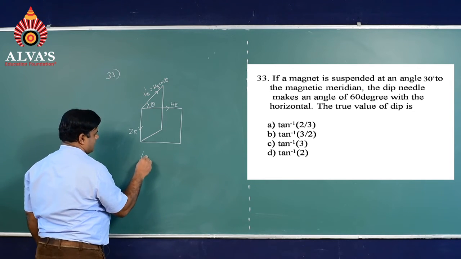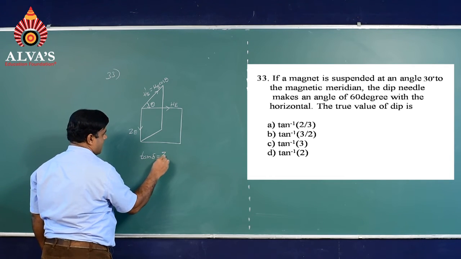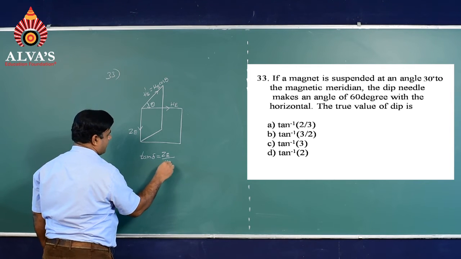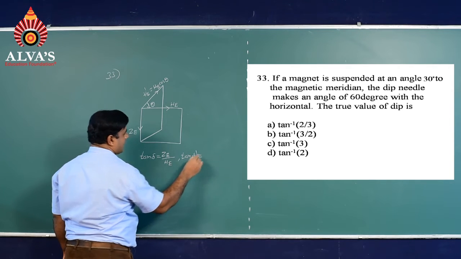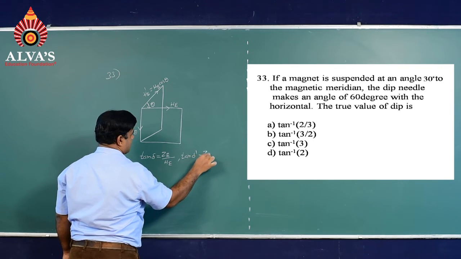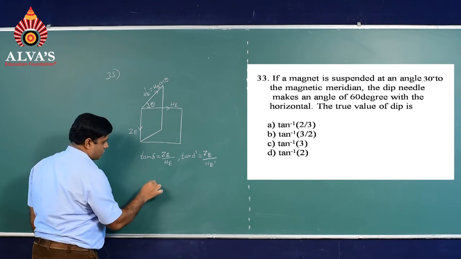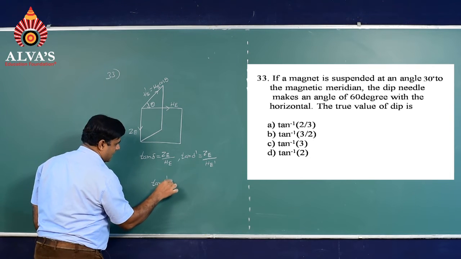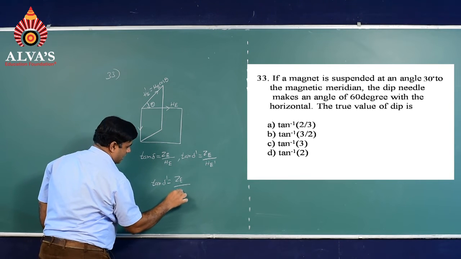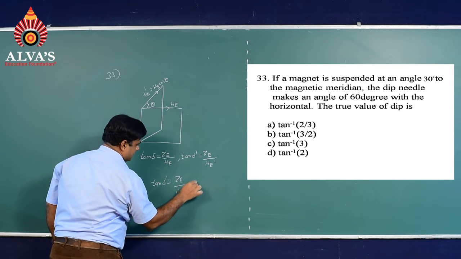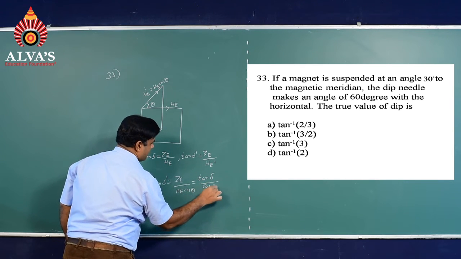Therefore, tan delta, where delta is the true dip, is ZE divided by HE. Tan delta dash, the apparent dip, is ZE, the same vertical component, divided by the different horizontal component HE dash, which is HE cos theta. So tan delta dash is tan delta divided by cos theta.